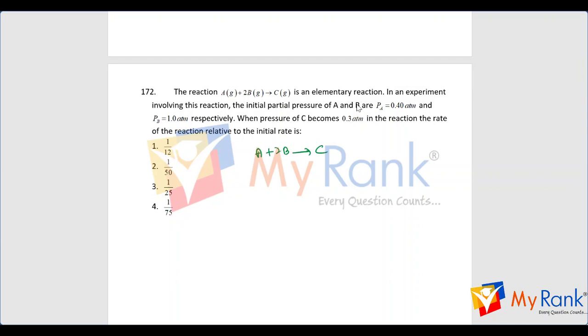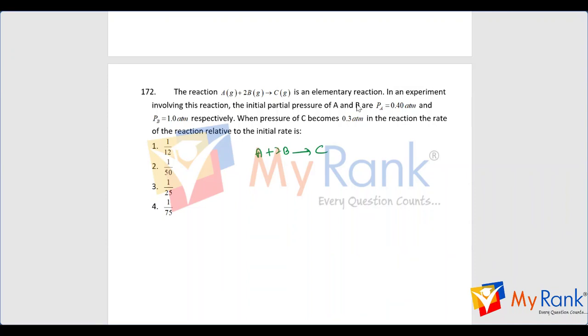In an experiment involving this reaction, the initial partial pressures of A and B are 0.4 atmosphere and 1 atmosphere respectively. When the pressure of C becomes 0.3 atmosphere, the rate of the reaction relative to the initial rate is asked. See the question carefully.